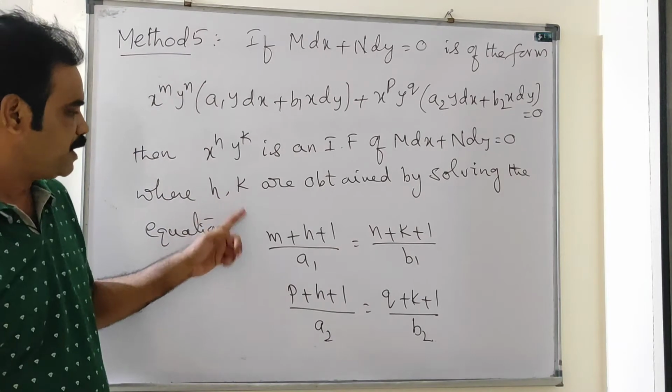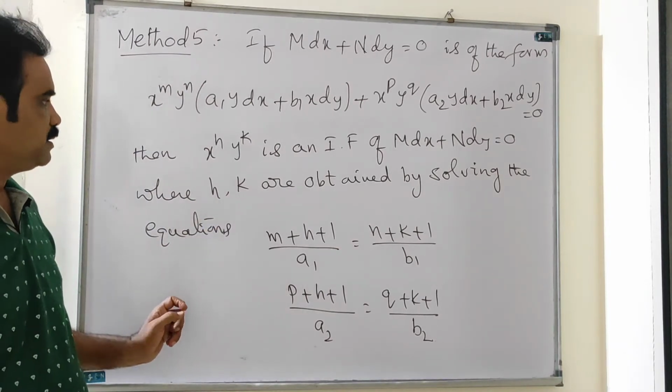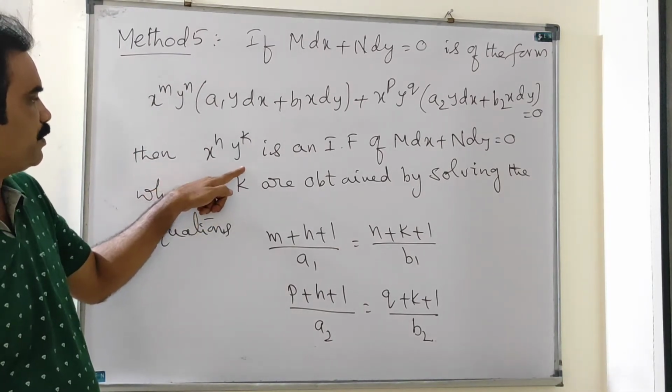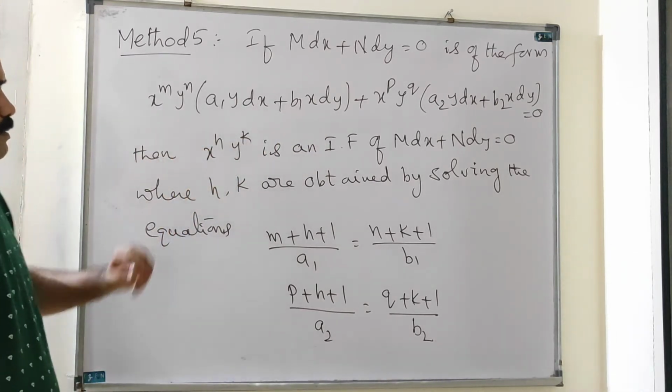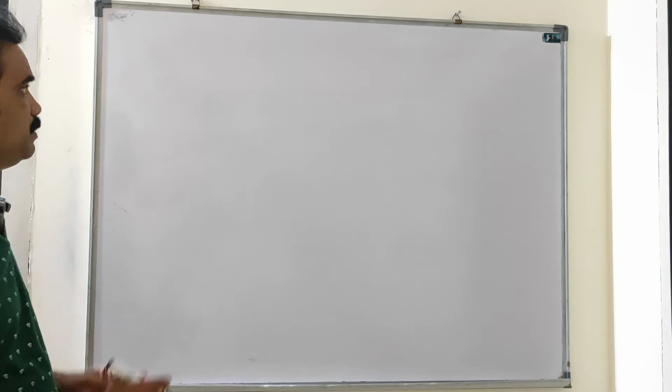Okay, h and k are obtained by solving these two equations. The integrating factor is x power h y power k when the given equation is of this form. See the next problem.